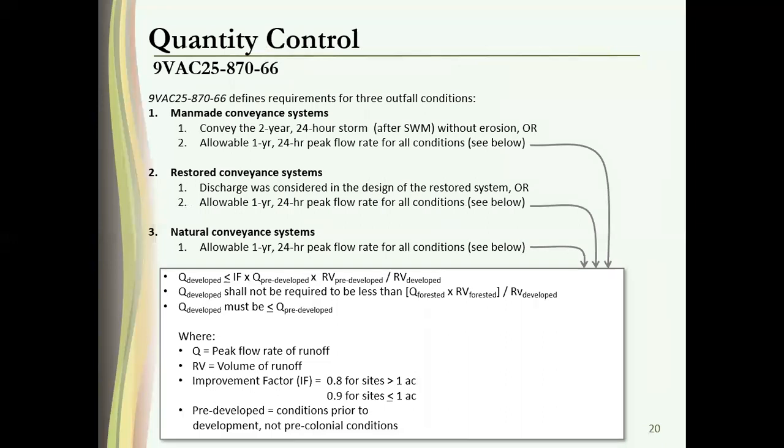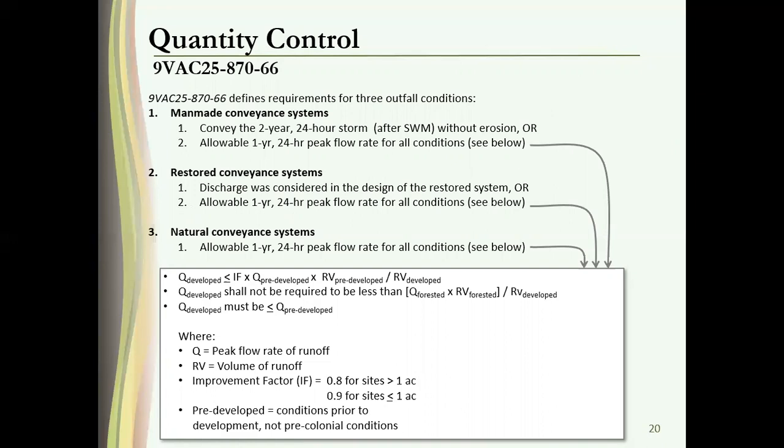What if you're discharging to something other than a stream? If you're discharging to a pipe, for example, or a restored conveyance system. So the man-made pipe, we actually go back to the 2-year analysis. The man-made systems is we have to have 2-year non-erodible velocities. So erosion inside of a pipe, especially a reinforced concrete pipe, not terribly likely.